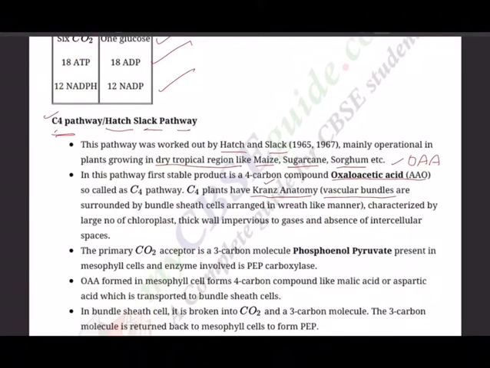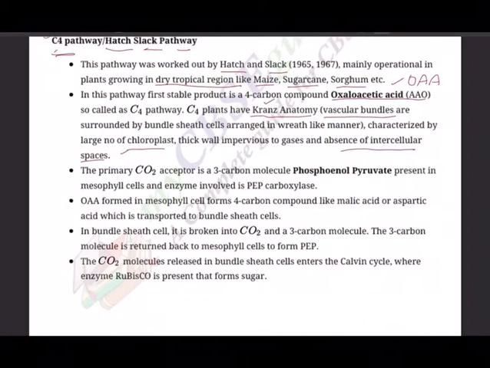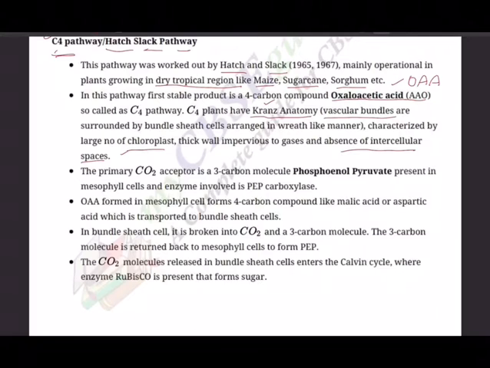It's characterized by a large number of chloroplasts, thick walls, very thick walls impervious to gases, and absence of intercellular spaces. That means there is no flexibility when the intercellular spaces are absent. It is tight.